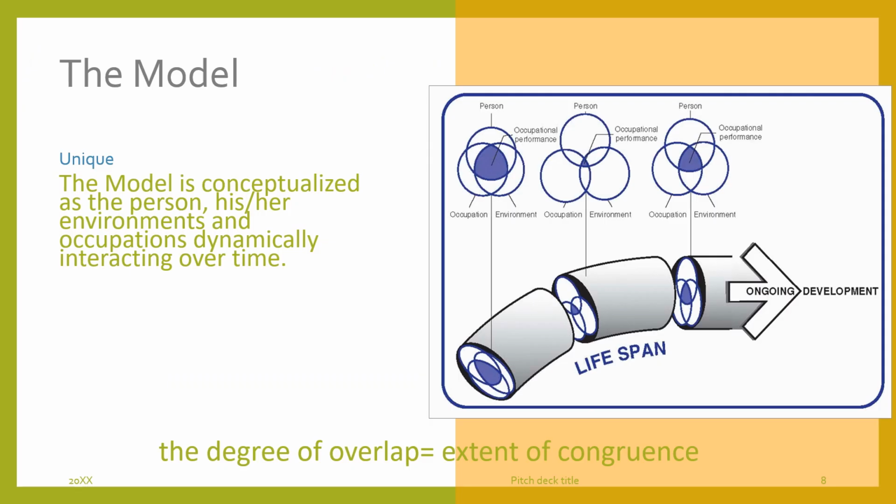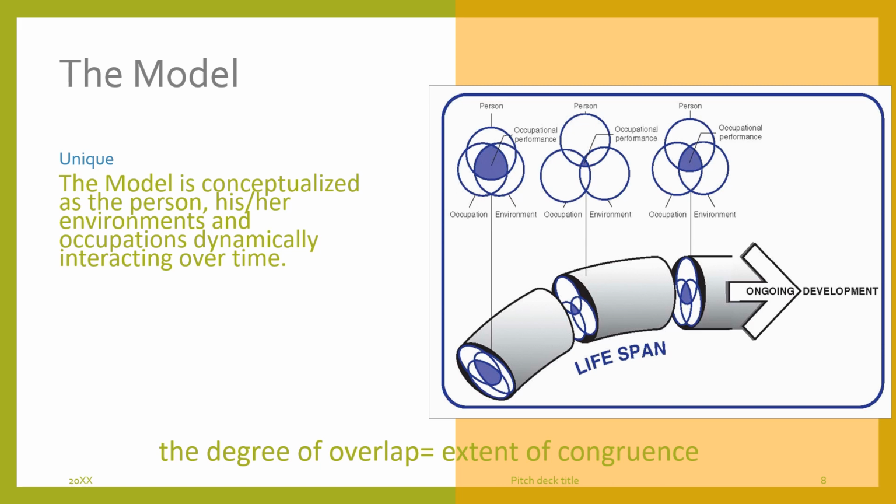So here's the model that we use, and it's conceptualized as the person and his or her environment and occupations dynamically interacting over time. If you look at the picture here, the person's on the top of all three of them, and the performance is changing throughout the lifetime.